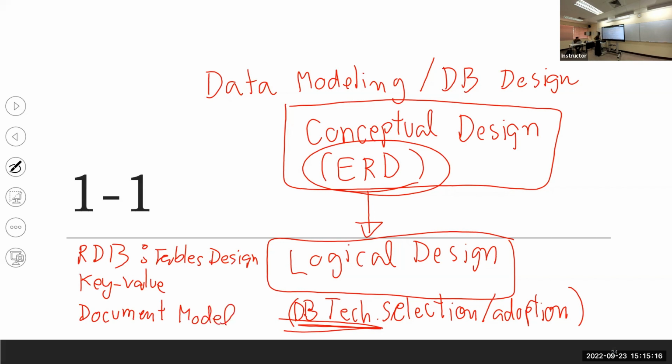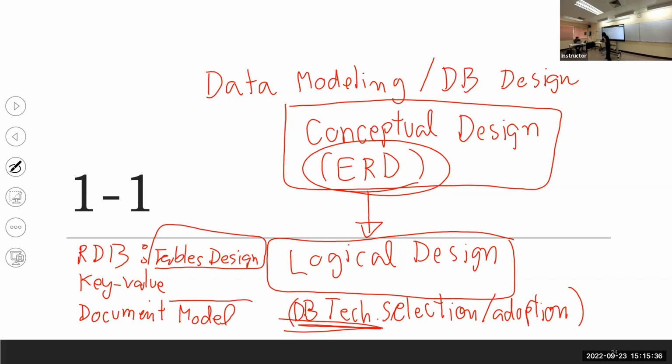You make a corresponding design according to the technology you choose, which will result in different results. You choose a relational database, you will design tables, foreign keys, primary keys, and so on.